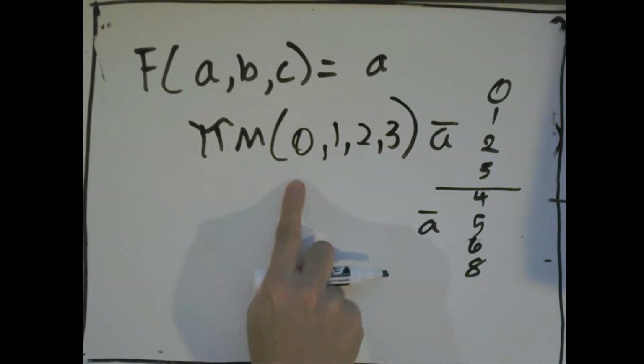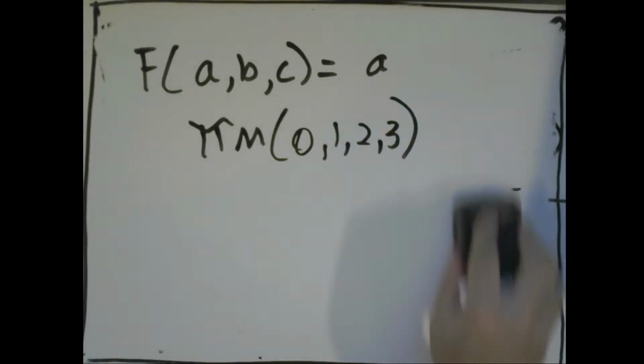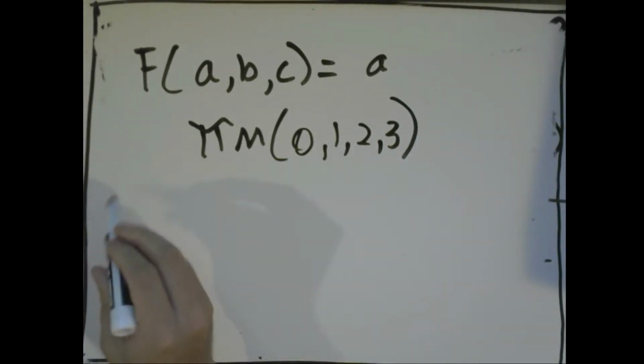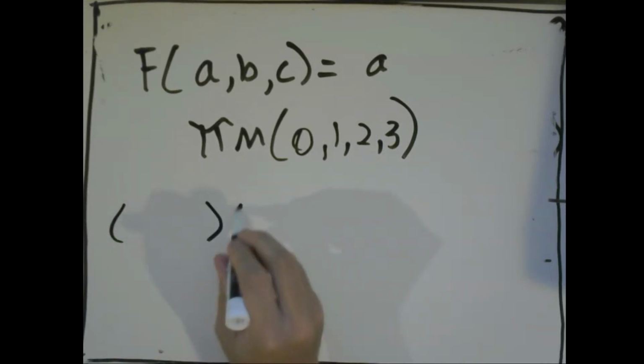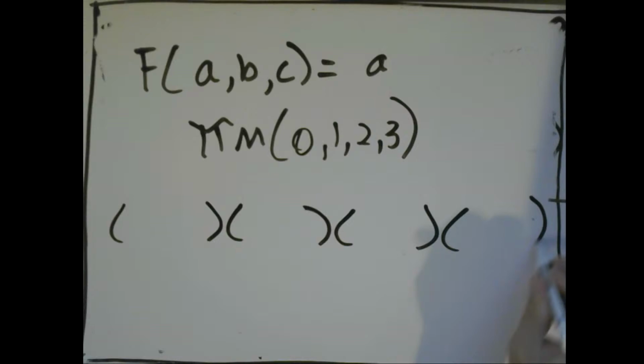And so maybe we want to write this as a canonical POS equation. So what we do is we would have four ANDs.